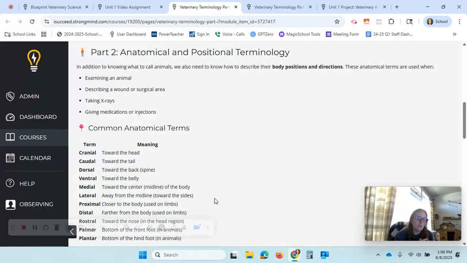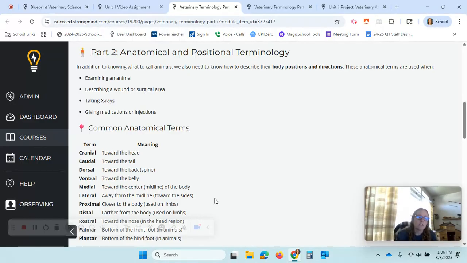Some of them are going to make more sense when you think about the body parts. Like cranial, towards the head, right? Your cranium has your brain in it. Caudal, towards the tail. Dorsal, towards the back, like a dorsal fin on a whale or a shark. Ventral, towards the belly. Lateral, medial, right?